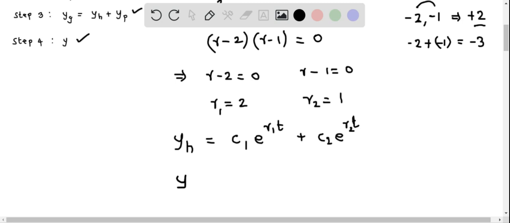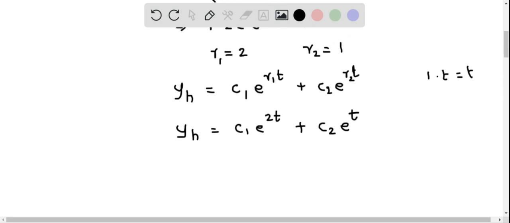So let's replace r1 and r2. Therefore yh equals c1 e raised to the power of 2t, plus c2, another constant, times e raised to the power of t. So this is basically the homogeneous solution for the given differential equation.